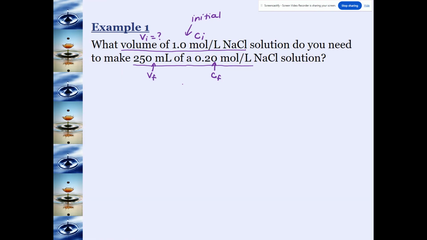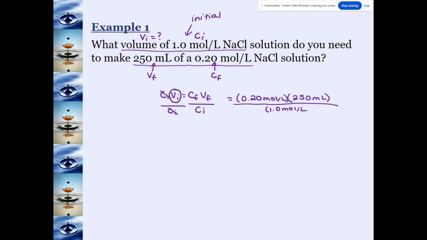Okay, so you could list your variables again. I'm not going to, just to save time. I'm just going to write my formula. CiVi equals CfVf. I am solving for Vi, so I need to divide both sides by Ci. So that means my Vi equals my Cf, 0.20 moles per liter, times my Vf, which is, I'm leaving it in milliliters, and you'll see how this works, divided by my Ci, which is 1.0 moles per liter.